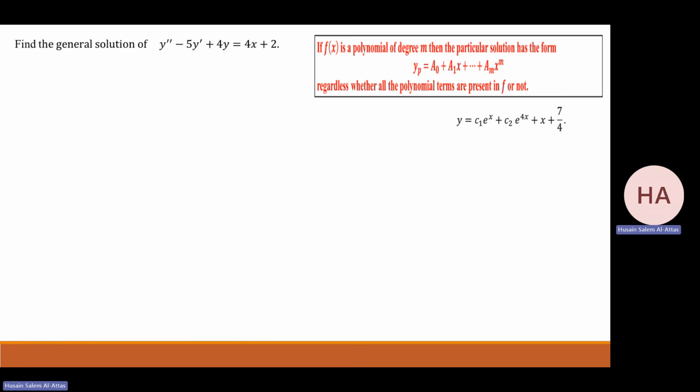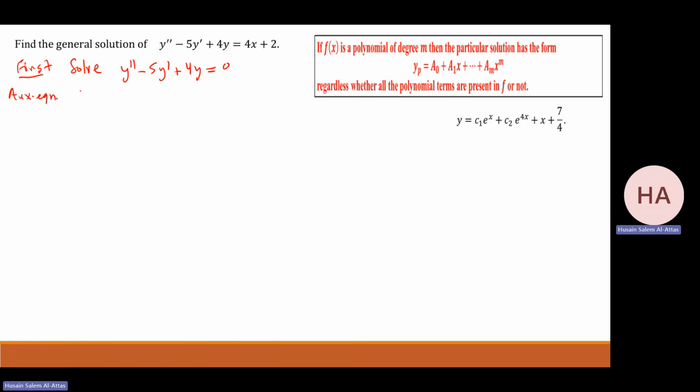If I want to solve this one, as we said, first solve the homogeneous equation. This we know how to do. Let me do it quickly.